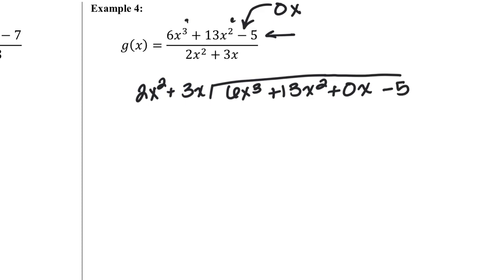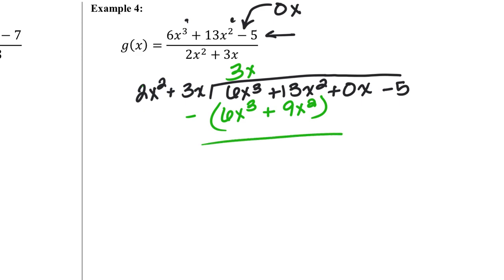We repeat that process. 2 times what gives me 6? That's a 3. And x squared times x gives me x cubed. This gives me a product of 6x cubed plus 9x squared. Look at the difference. I'm going to distribute it in.